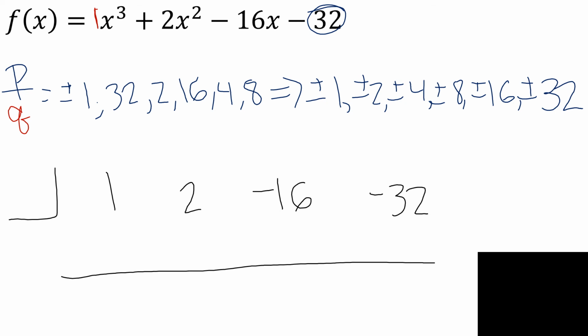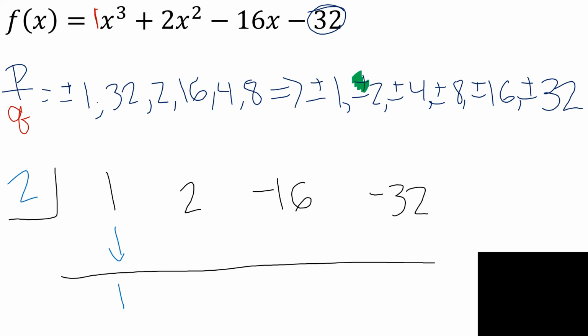So I'm going to pick 2 because why not? I want to come down. 1 times 2 is 2, which is 4. 4 times 2 is 8. Negative 8. Negative 8 times 2 is negative 16. That is not 0, so I know that 2 is not one of my rational zeros. So I am just going to cross out positive 2. And I want to know if negative 2 will work.